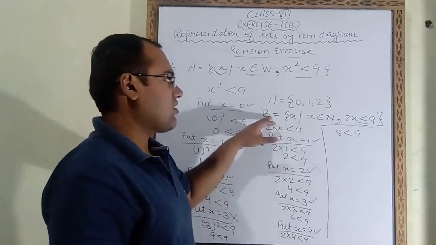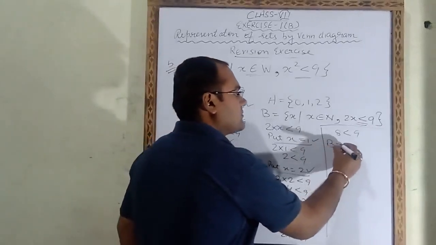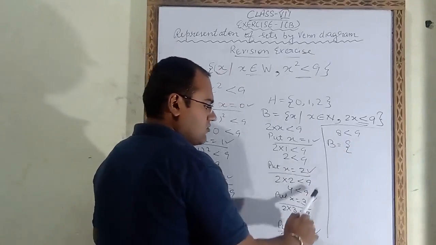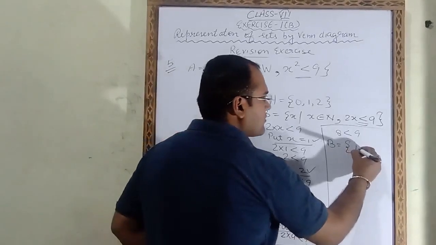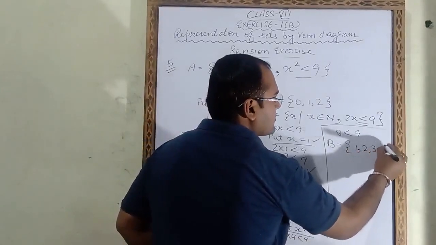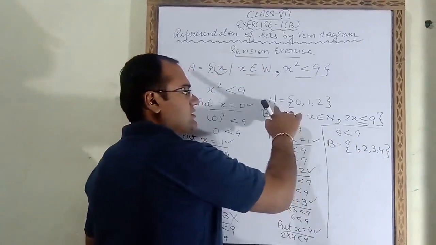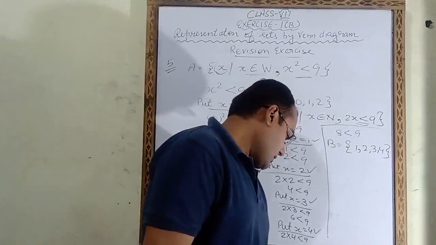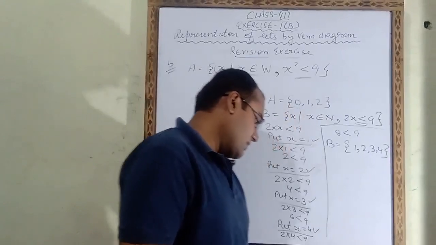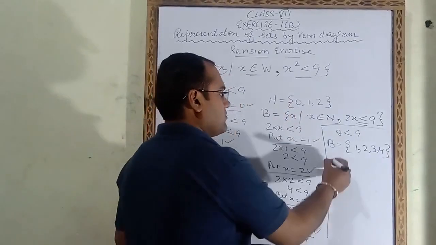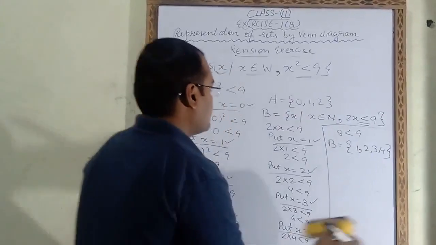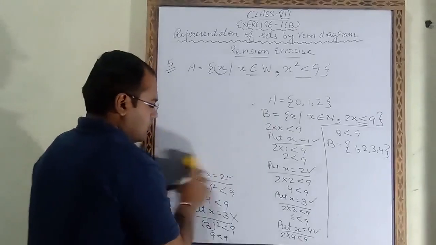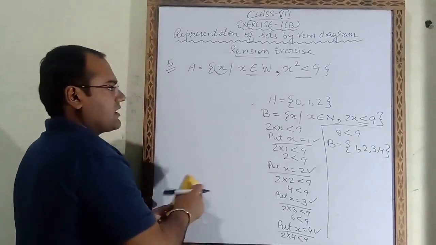Now we will write the answer of B. So B set is B is equal to 1, 2, 3 and 4. So this is set B, this is set A. A answer we got.